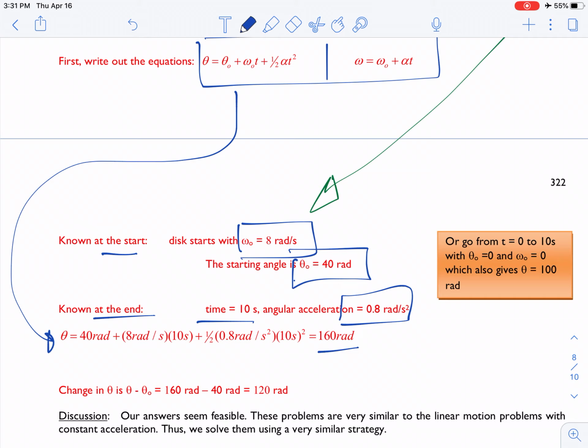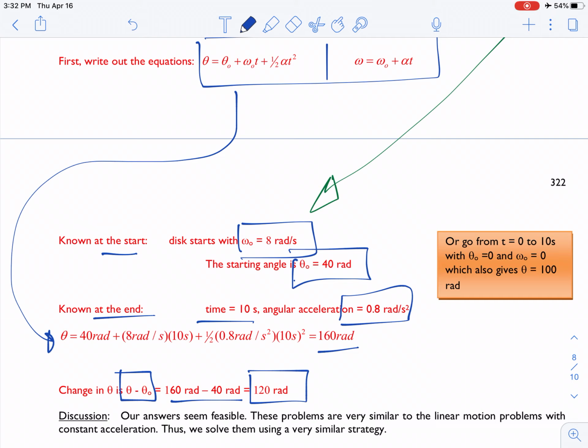But again, you didn't measure that from 0, and that means you need to find the change, you need to take off that initial 40 radians, so you have to do this algebra here, and 160 radians minus 40 gives you 120 radians, and that's the difference from the first 10 seconds up to 20 seconds, if you would say it that way.